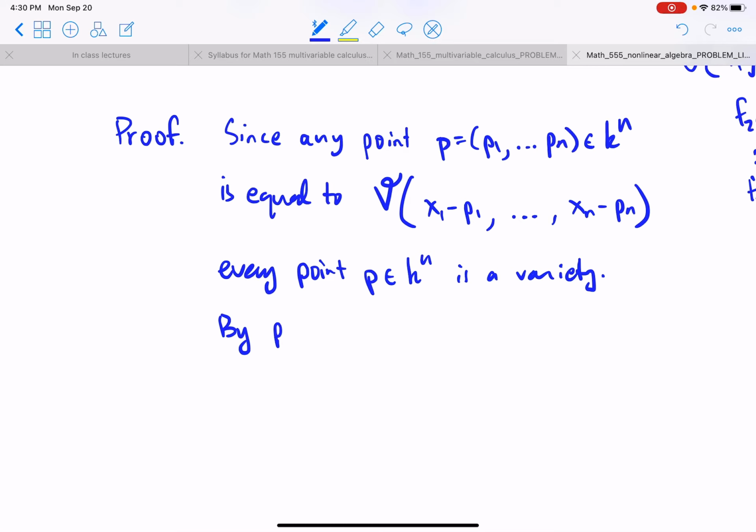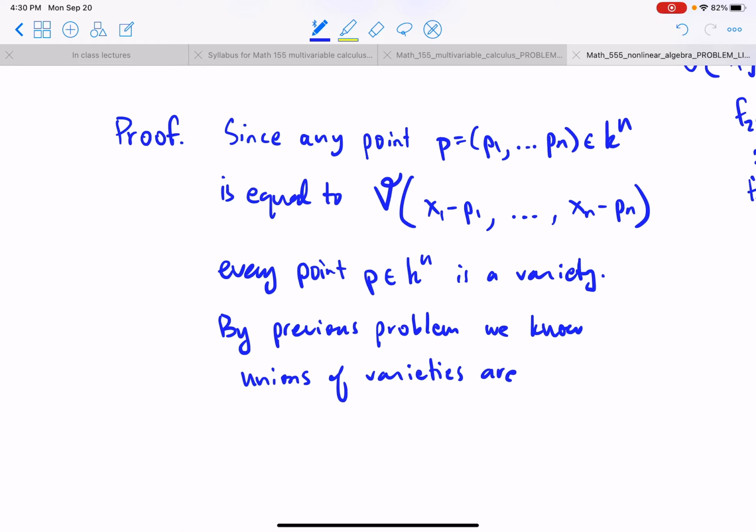By the previous problem, we know unions of varieties are, well, we know the union V union W is a variety if V and W are.